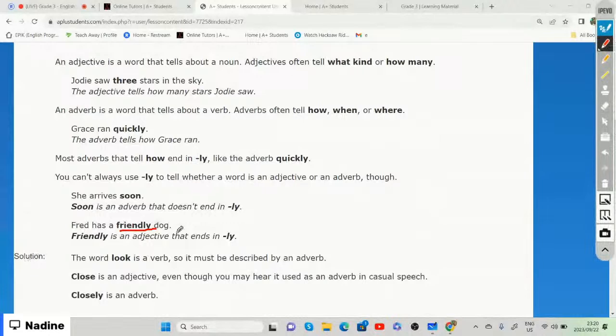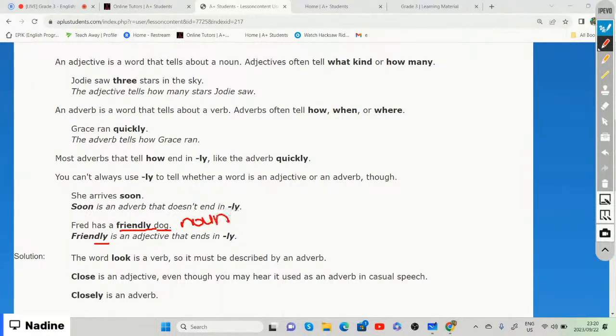So Fred has a friendly dog. That does not necessarily mean that friendly, because it ends in ly, is an adverb. Because remember, you need to ask yourself, what is being described or what is it telling us about? For example, dog. Dog is a noun.